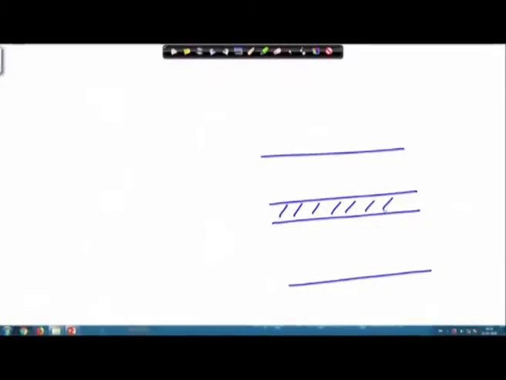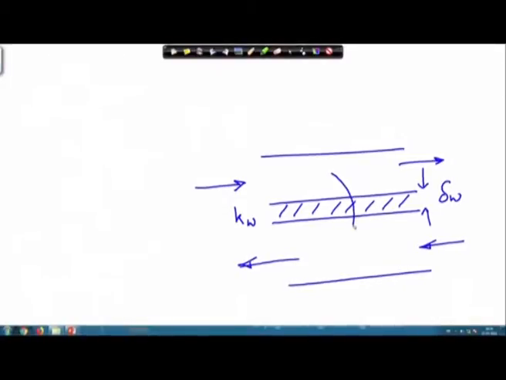Say this is the separating wall, the thickness of the separating wall may be delta W and its thermal conductivity may be K W, and we had some hot fluid coming in and moving out, cold fluid moving in, cold fluid moving out. So, there is heat transfer from the hot to the cold fluid.